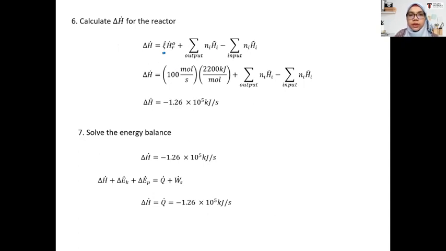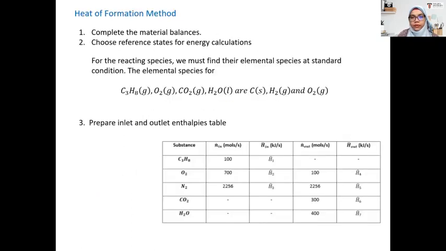Then you determine the heat of reaction given in the question, and you can solve here. Finally, we can get the enthalpy. Since in the energy balance, by eliminating this, delta H equals Q. So the final answer is 1.26 times 10 to the power of 5 kilojoule per second, or kilowatt.